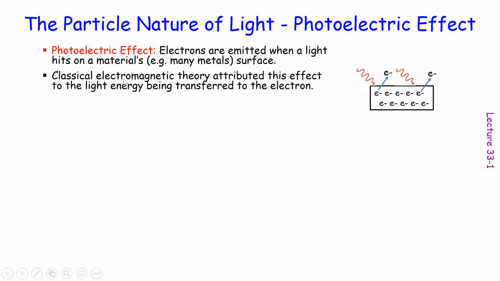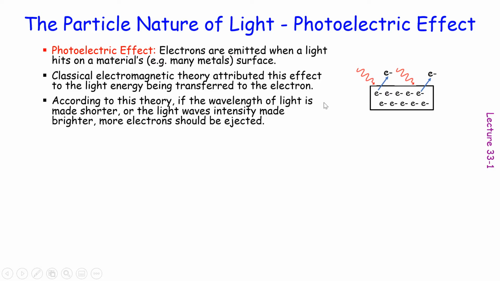According to classical electromagnetic theory, the photoelectric effect is caused by the light energy being transferred to electrons. Also, if the wavelength of the light is made shorter, or the light wave's intensity made brighter, the more electrons should be knocked out.